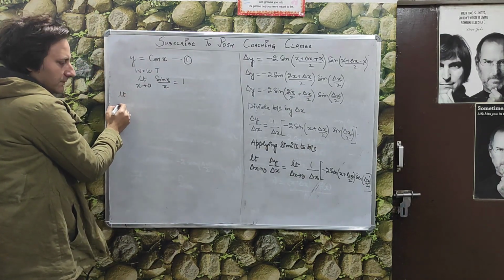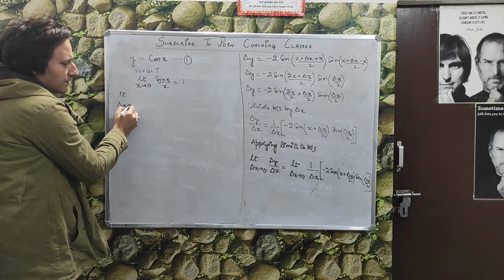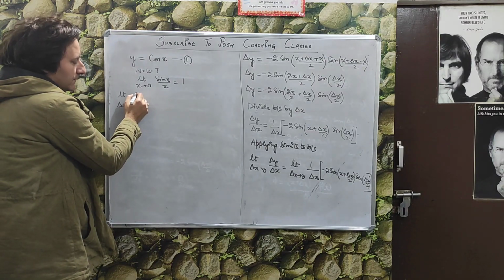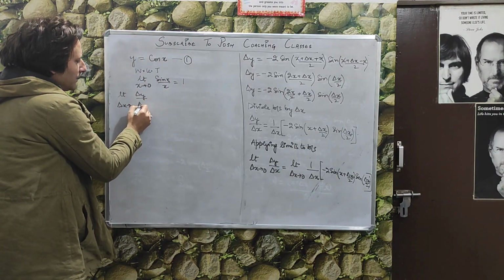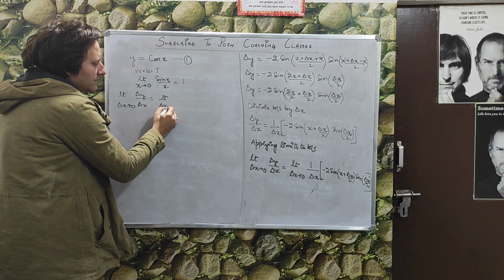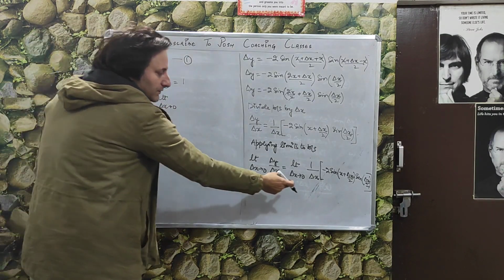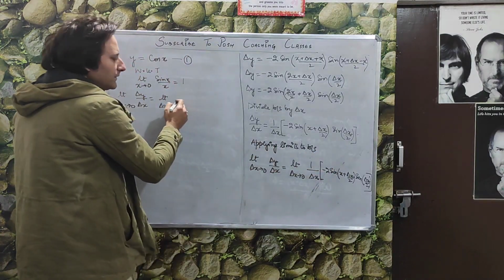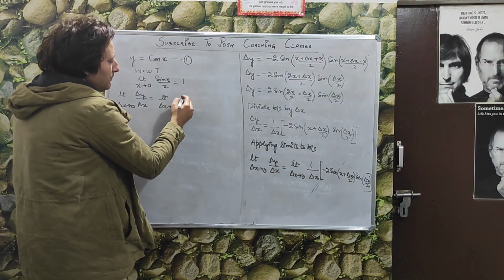So limit delta x tends to 0, delta y upon delta x is equal to limit delta x tends to 0. Now this delta x, I'll take it all the way to sine delta x upon 2.